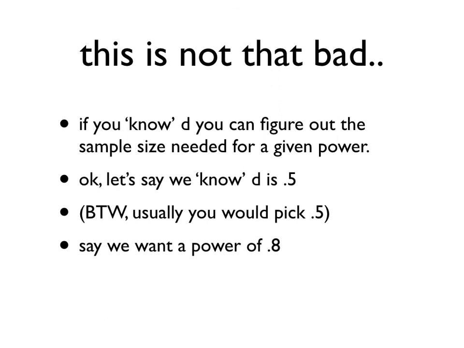In other words, if there's an effect size of 0.5, we want an 80% chance of finding it. That seems a reasonable trade-off. So 8 times out of 10, 4 times out of 5, 16 times out of 20, 80 times out of 100. I can keep doing this all day long. You will find an effect of 0.5 if it's there. That's what we're going to say we're interested in. And again, 0.8 would be a reasonable power to shoot for.